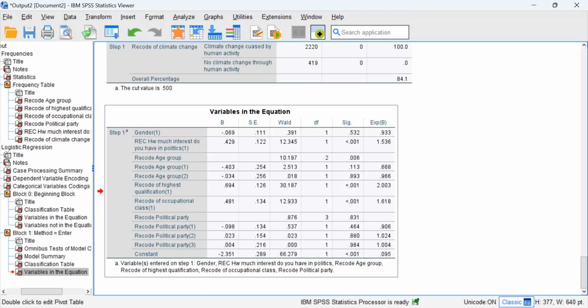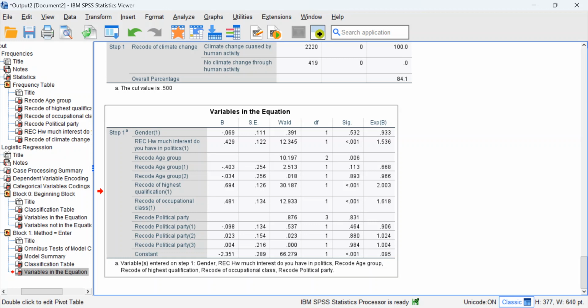Those are large values for the significance, so none of the relationships that we see here are actually statistically significant.